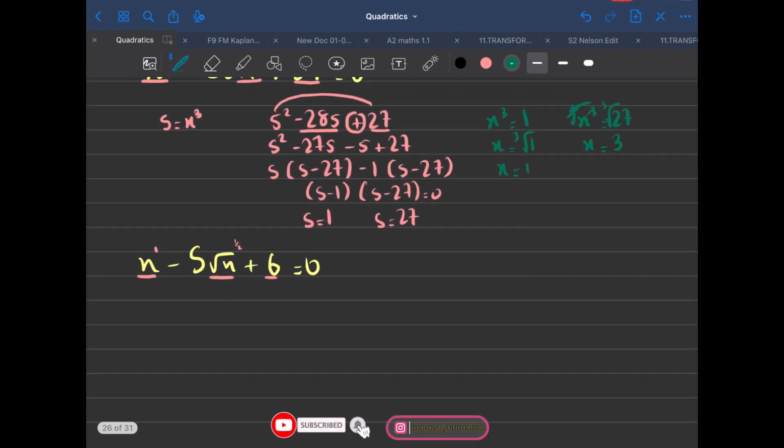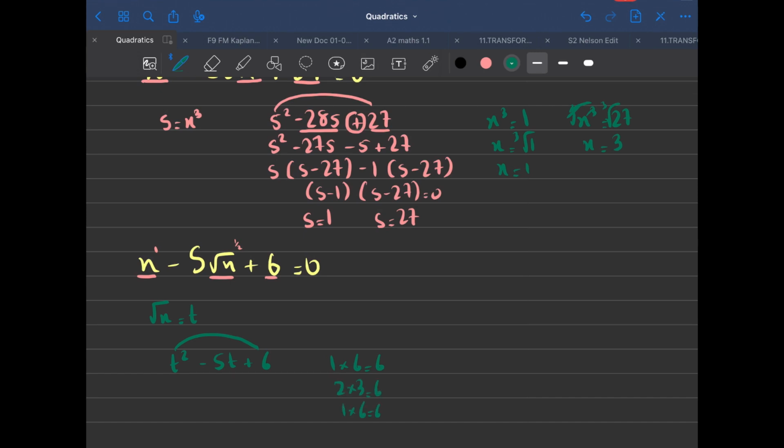In this case, let's make under root x as t. So it's going to be t squared minus 5t plus 6. Now 1 into 6 is what? 6. What are the factors of 6? So 2 into 3 and 1 into 6. The sign here is positive. We need to use factors which add to make 5.